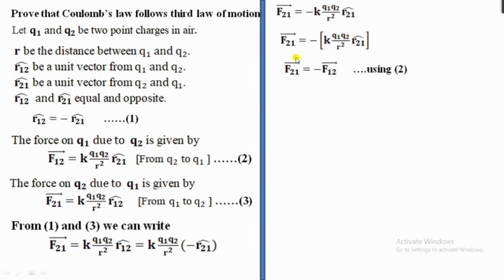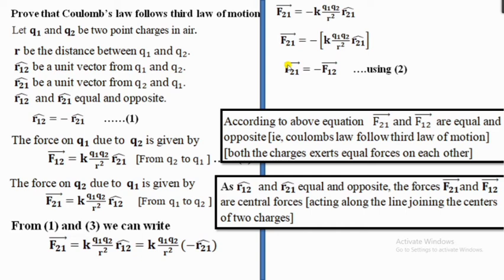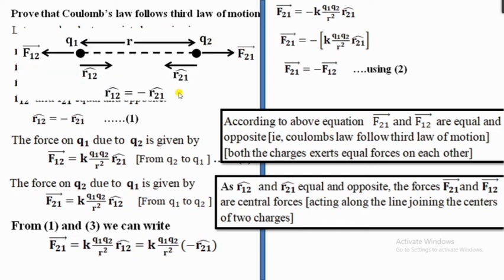So I can write F21 is equal to minus F12 using equation 2. Now we can see that these two forces are equal and opposite, so we can say they follow Newton's third law. That means the forces are equal and opposite, both the charges exert equal force on each other.